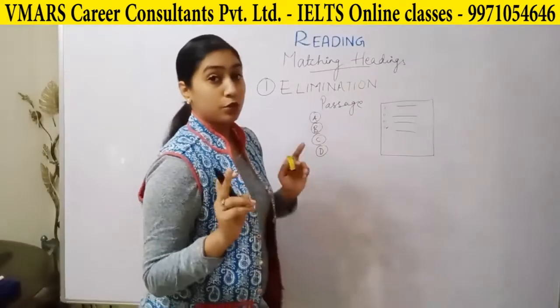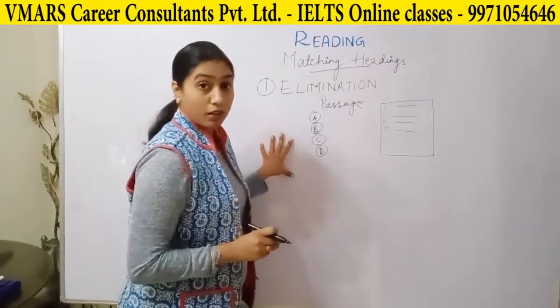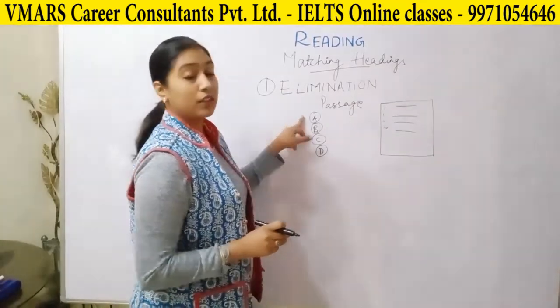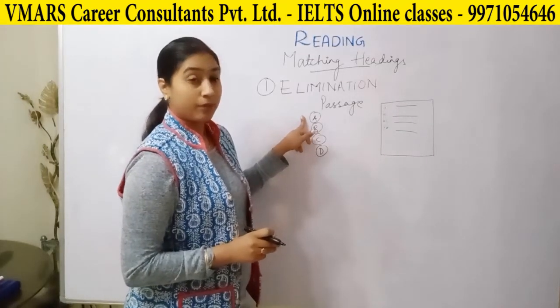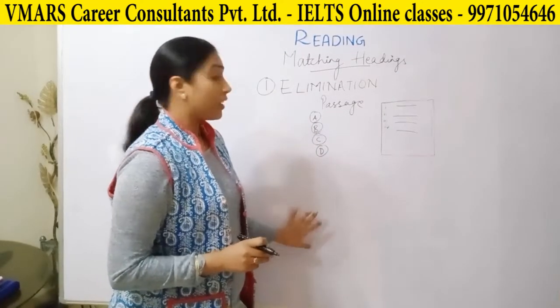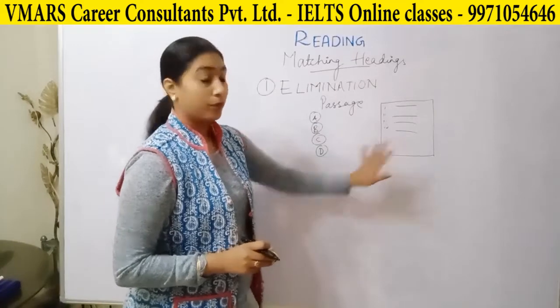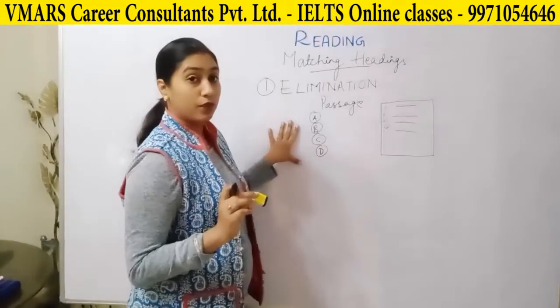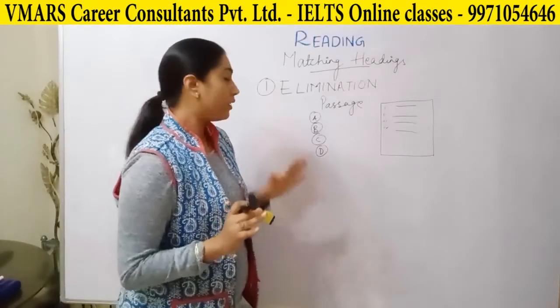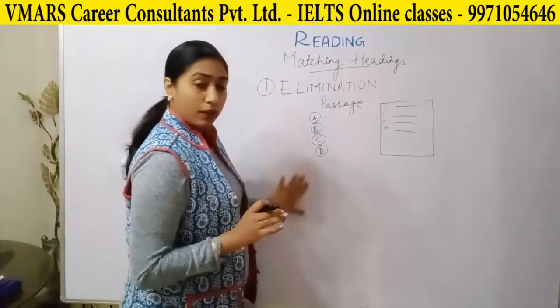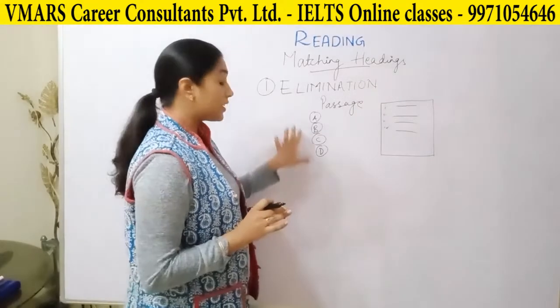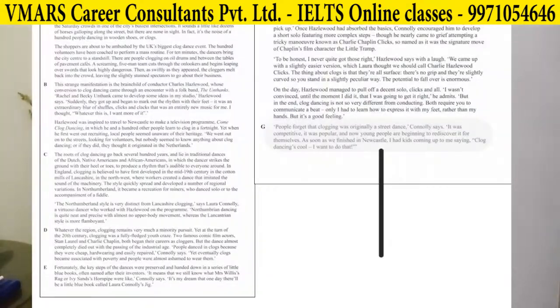First thing, you should know that in matching headings, it's not important that you always read paragraph A first. You can read any paragraph and match the heading later on. So, just to make it simple, look at all the paragraphs and see which paragraph has the shortest length.